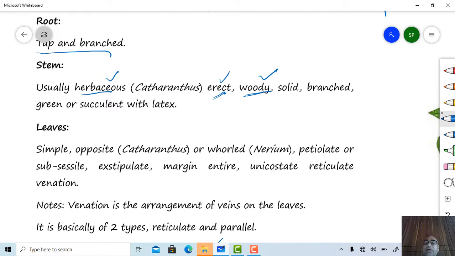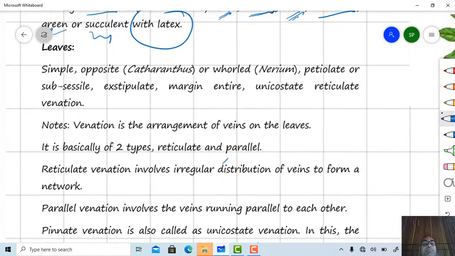Okay, then solid. If they are not solid, they will be fistular or hollow, but these are solid. Then branched stem, color usually green. In some cases the stem may be succulent, and most important one, that the latex is present in the stem also.